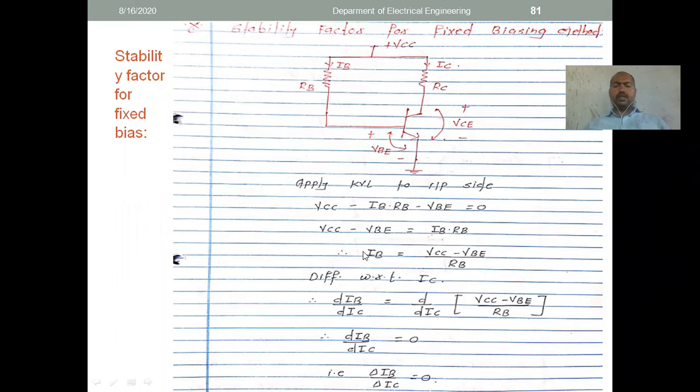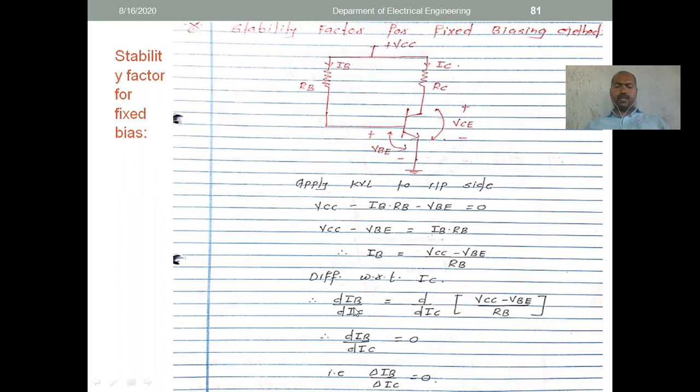It is nothing but DIB by DIC. Differentiating all this, here there is no term because this is in a bracket. So DIB by DIC equals D by DIC into the bracket VCC minus VB divided by RB. This is the equation that should come with respect to this.